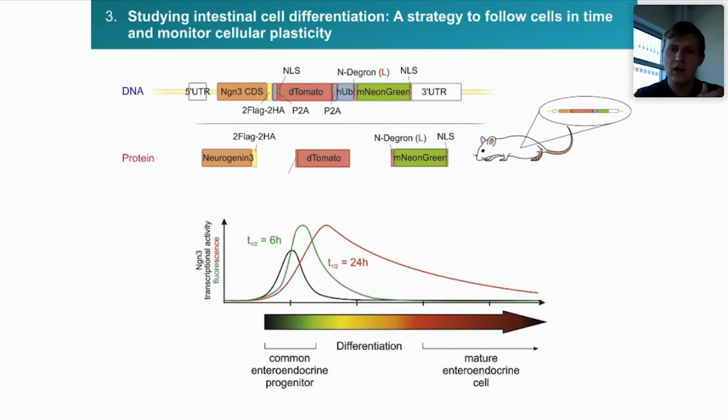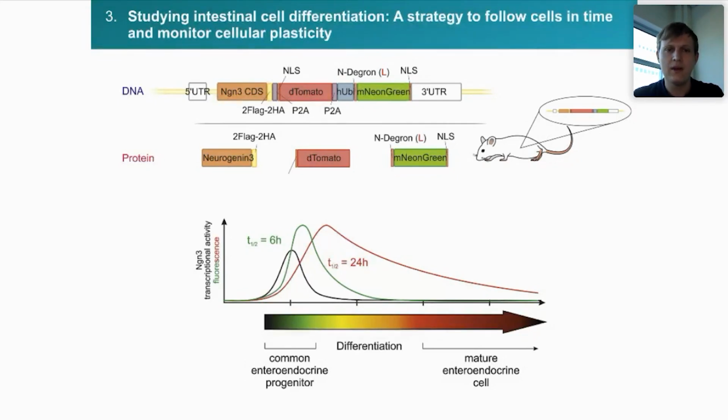And to really look into how these cell types are produced from this common progenitor, people in Hans Clevers' lab have generated a very elegant system that allows us to look at the time at which the cells form. This system is called the Chronos system, and it's basically two different fluorescent proteins produced downstream of Neurogenin 3, the transcription factor specific to these common progenitor cells.